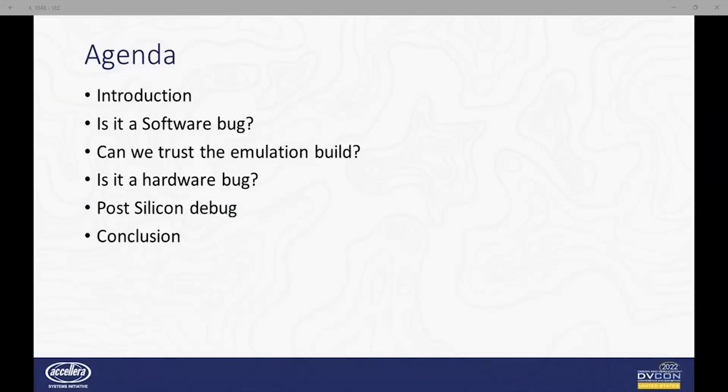Bugs are everywhere. In the software, in the emulation builds, and of course, in the RTL too. I will also share some tips on post-silicon debug using the emulation platform. At last, we will have the conclusion as usual, and then it's time to answer your questions.